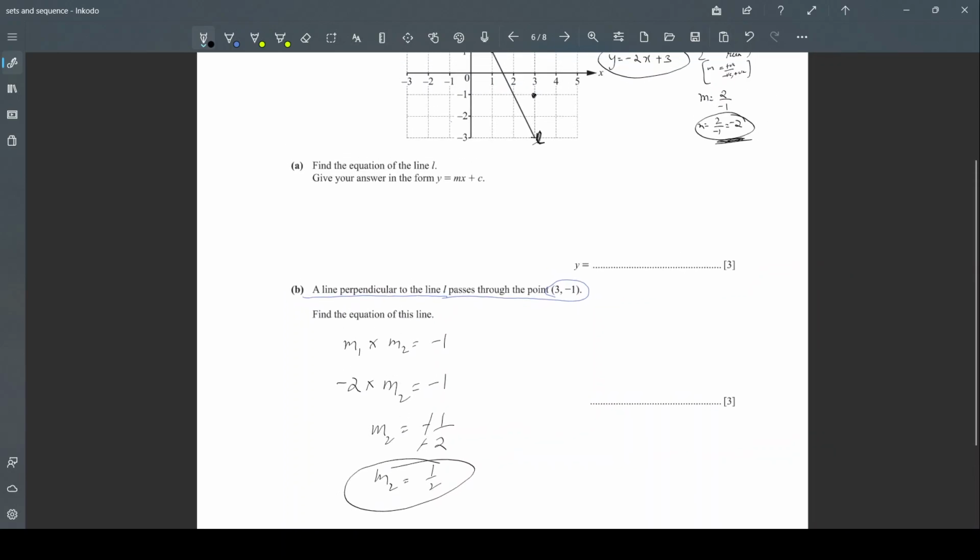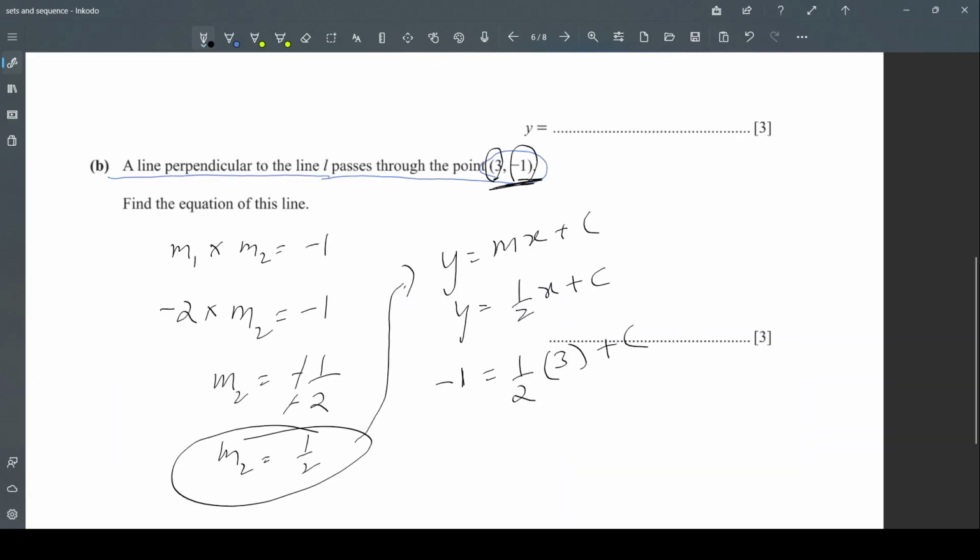Now we can easily find the equation y equals mx plus c, where m is 1 by 2, so y equals 1 by 2 x plus c, and c we don't know, right? To find c, we'll use this coordinate. We can put the value of x as 3 and y as minus 1.